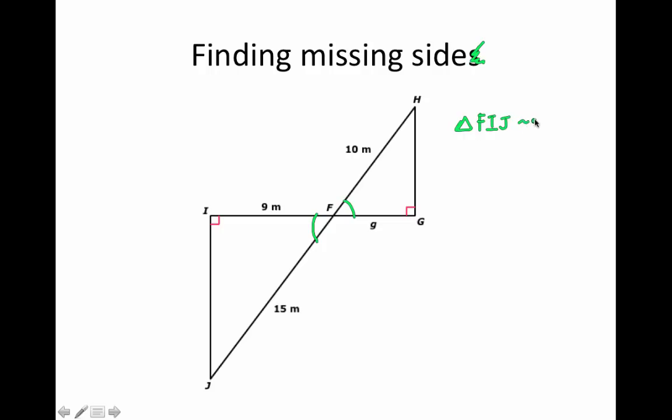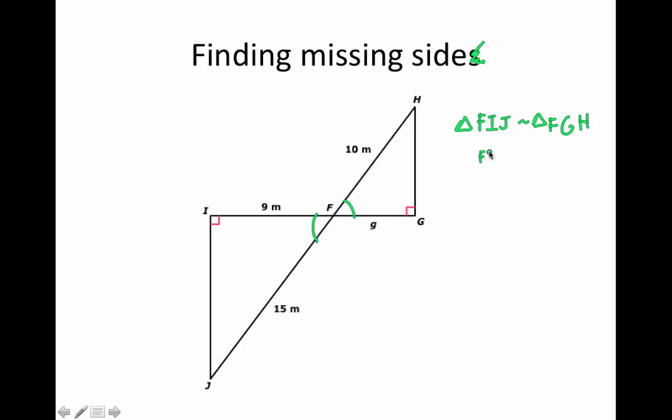Triangle FIJ is similar to triangle, starting with this triangle with the same kind of angle, the congruent angle to F, FG, going to the 90-degree angle, H. So I wrote a similarity statement, and I'm going to base my proportion off that to find the missing side.